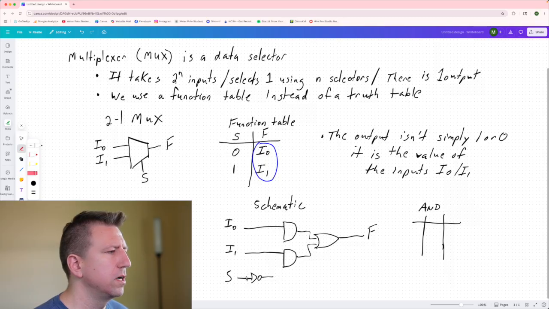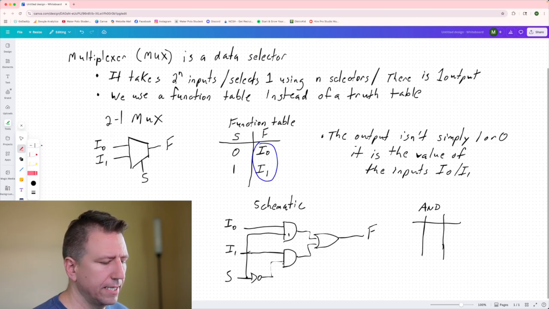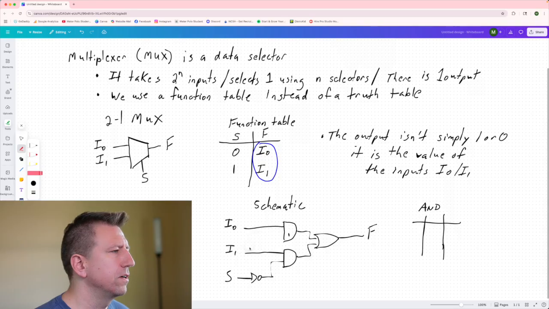If it's a 1, I want it to activate the top AND gate. Actually, I got that backwards. If it's a 0, I want to activate I0. And if it's a 1, I want to activate I1. So that's what we're doing here.